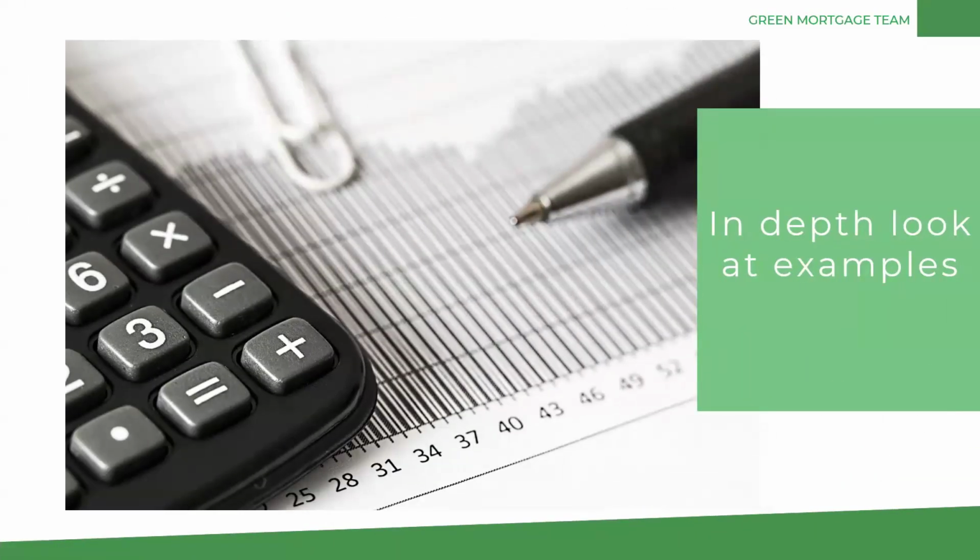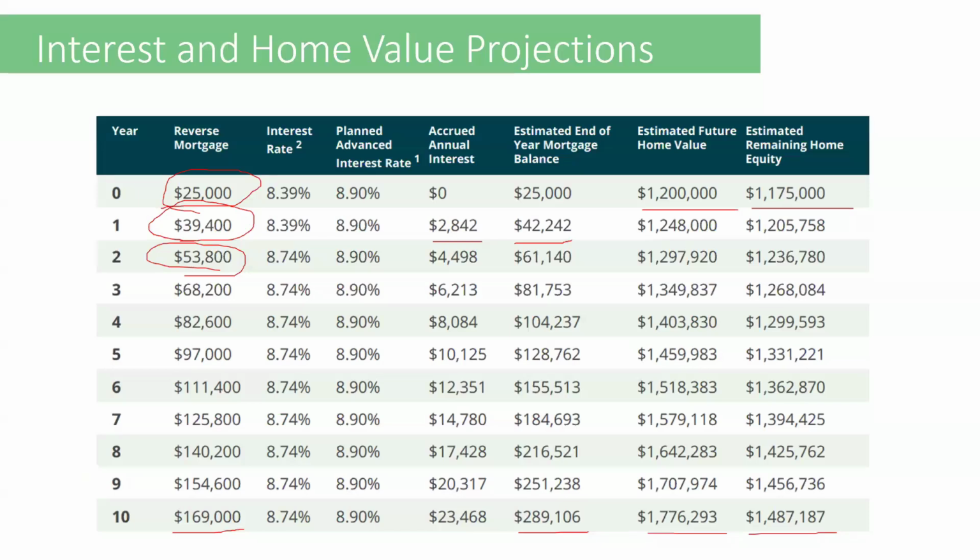I do want to go through a couple of examples and also how the interest would accumulate. And it's important to remember that interest compounds either direction. If you are investing into something, then the compounding effect works in your favor. If you are borrowing money, especially in a reverse mortgage, then the compounding interest works against you.